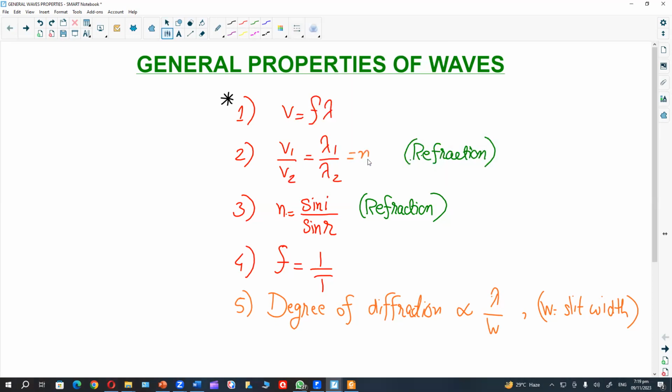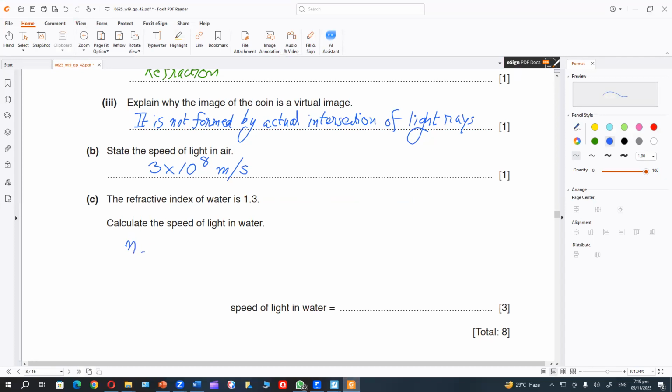Let me write this also for you. n is equal to v1 upon v2.